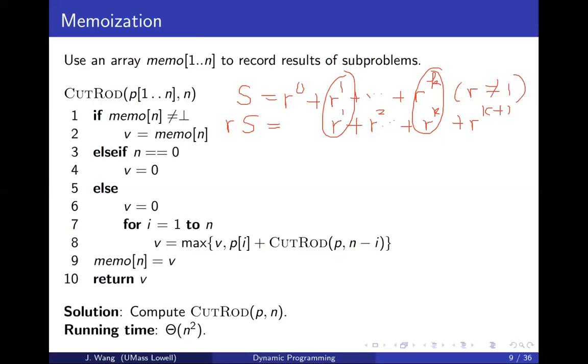So what we are getting now is r minus 1 times S equals r to the k plus 1 minus r to the 0. r to the 0 is just 1, right? So hence, because r is not equal to 1, r minus 1 is not 0, so you can just move it over.